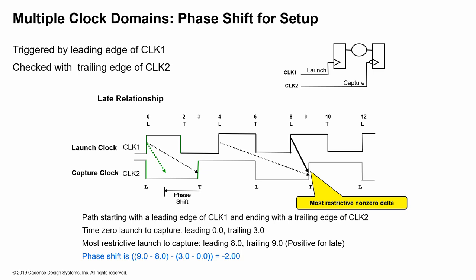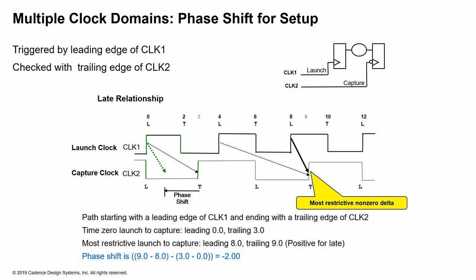This is for a launch with the rising edge and capture at the falling edge, or leading edge, trailing edge. We are looking at ideal clocks here, so it's always leading aligning to leading. Even though it's a negative edge triggered flop, we are actually reversing the phase of clock 2 so that the leading edges align.